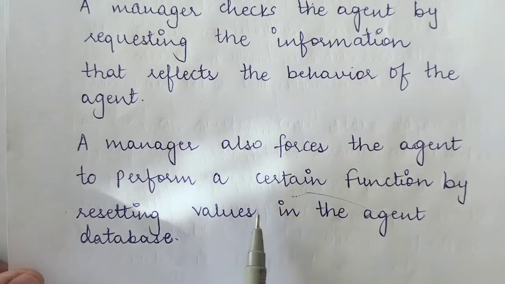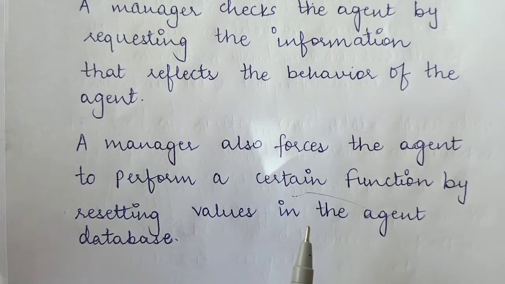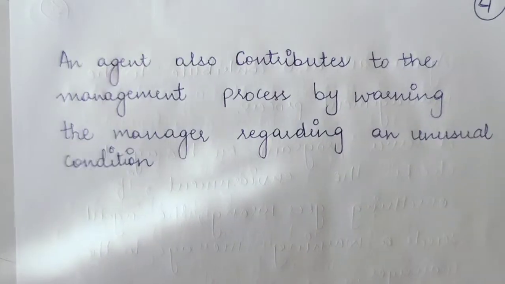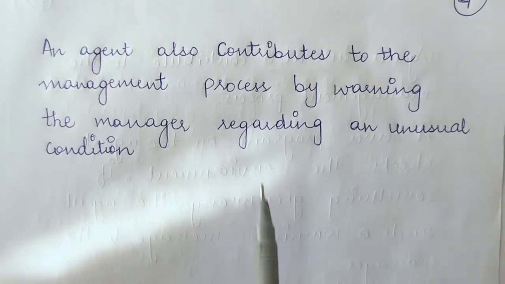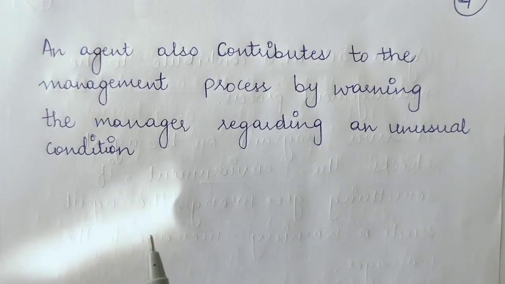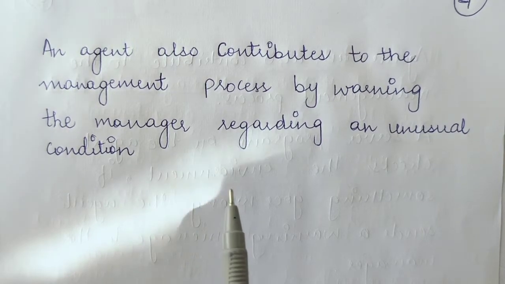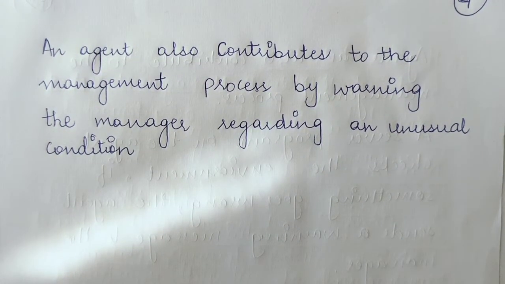The manager can ask the agent to perform certain functionality by resetting the values which the agent has stored in the database. Third, an agent also contributes to the management process by warning the manager regarding an unusual condition. That means it gives warning signals to the manager if there is an unusual condition.